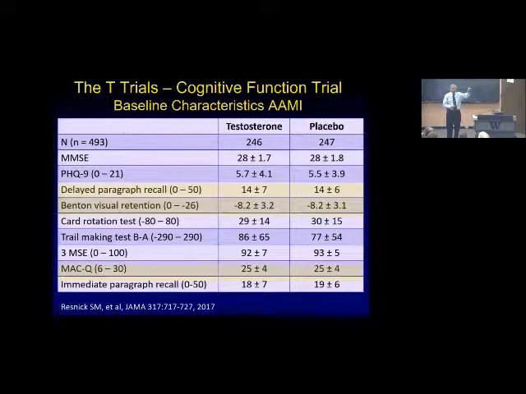This is the normal age-related decline in cognitive function that we all feel. Not all of you, some of you are young, but that aside, we all feel a little bit less memory or difficulty with memory. So these are the individuals that were studied, and they had modest degrees of paragraph recall or verbal memory, as well as visual memory impairment, in conjunction with symptoms of memory impairment relative to when they were in high school.